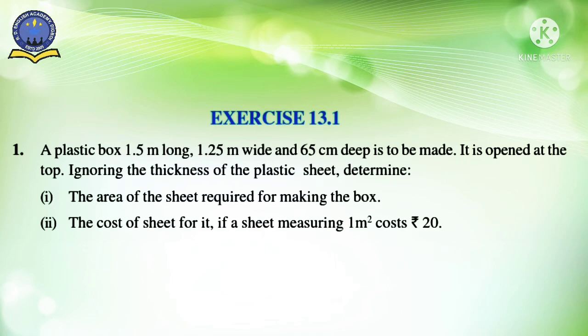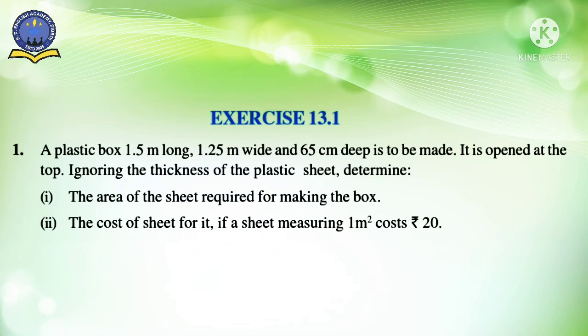First of all, a plastic box is given, and 1.5 meter long means we consider this as the length. 1.25 meter wide means this is the breadth, and 65 centimeter deep means this is the height.